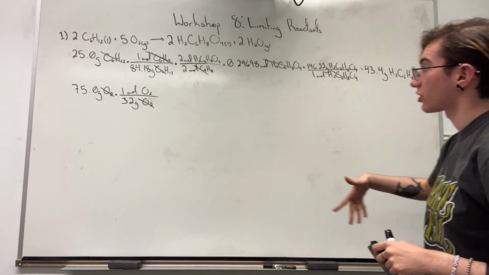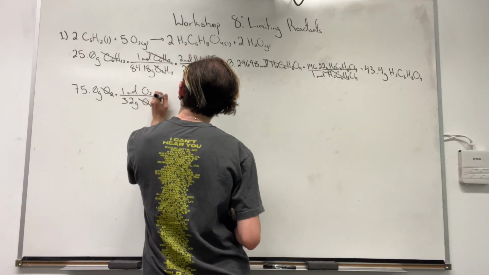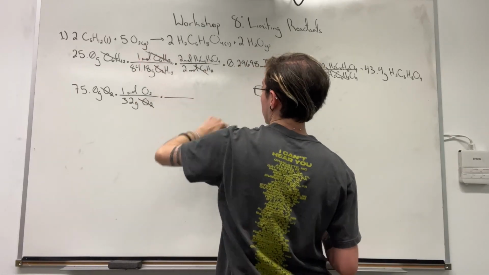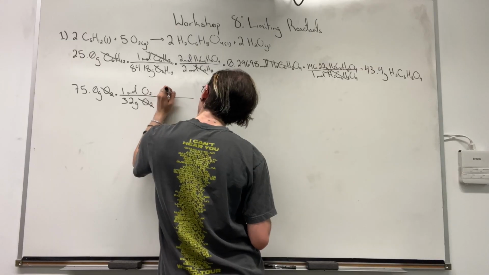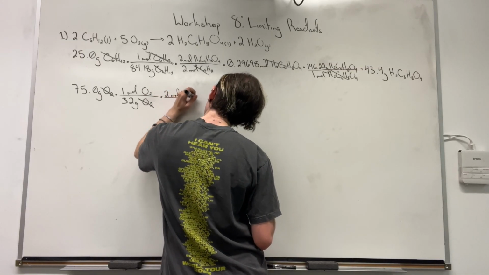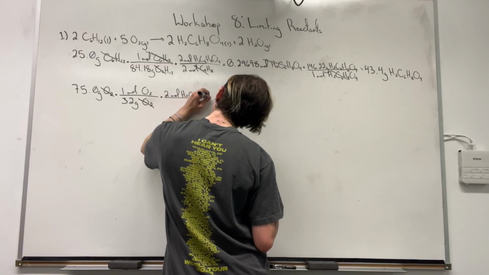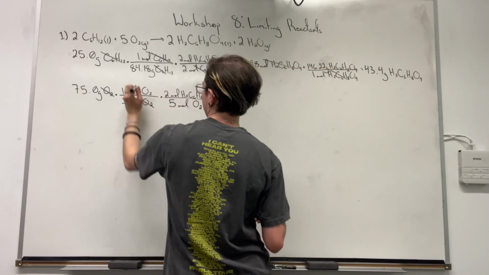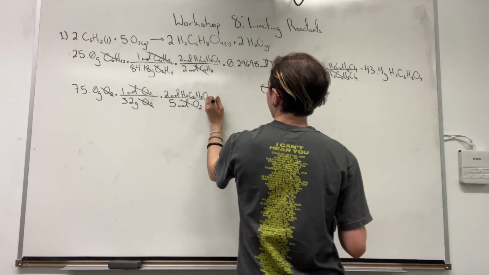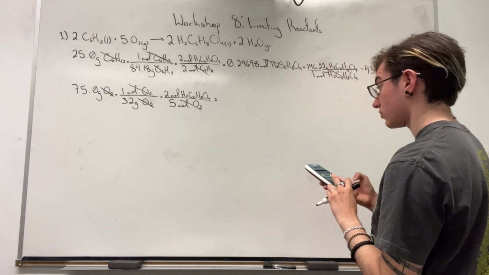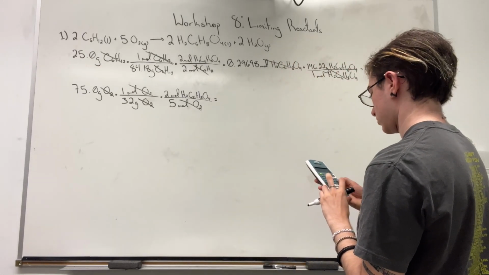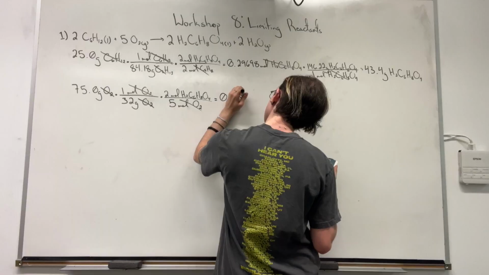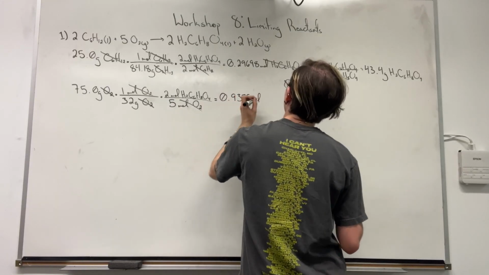And so now we're going to do all the same work for the oxygen. First, we convert grams of oxygen into moles of oxygen, and now we look at the ratio of oxygen to adipic acid. For every 2 moles of acid that get produced, 5 moles of oxygen are needed to produce this amount. So again, I'm going to convert it to moles first. And so we produce 0.9375 moles of our acid.